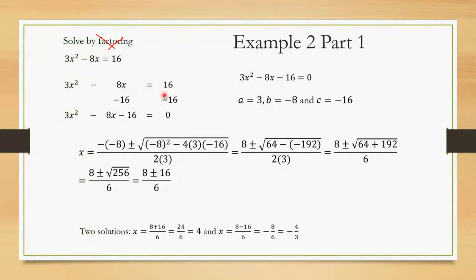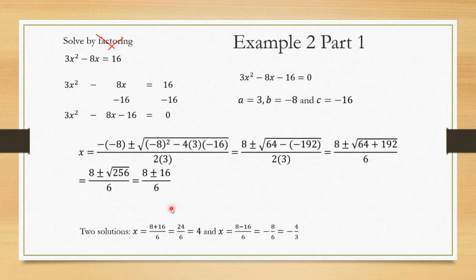So I'm subtracting 16 from both sides. Doing so, we have 3x squared minus 8x minus 16 equal to 0. Now we're ready to use the quadratic formula.